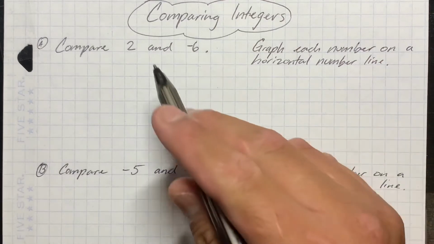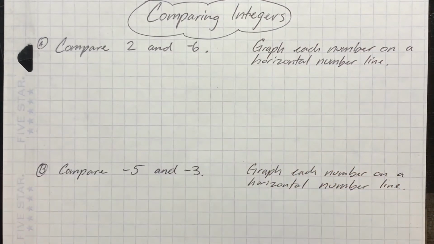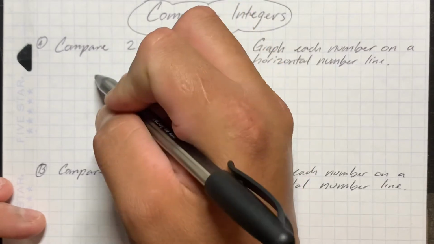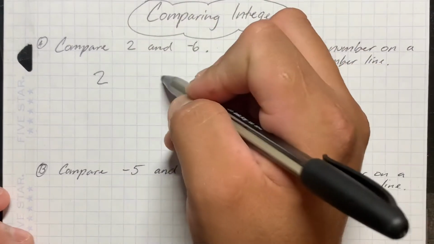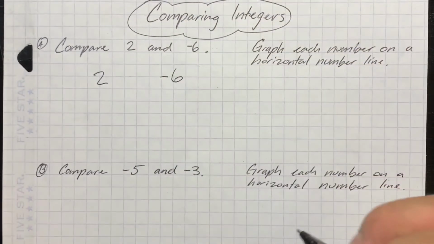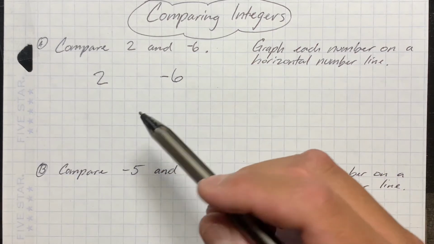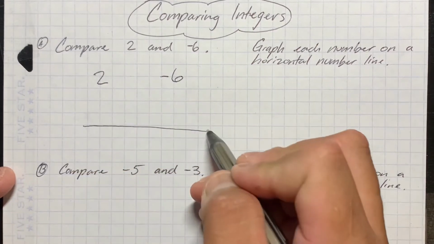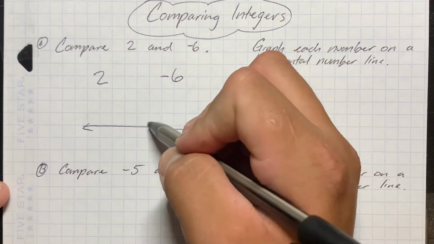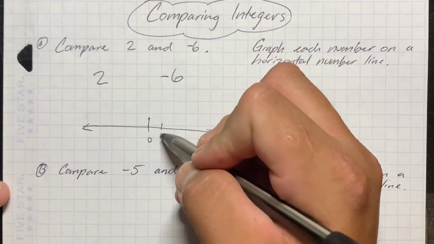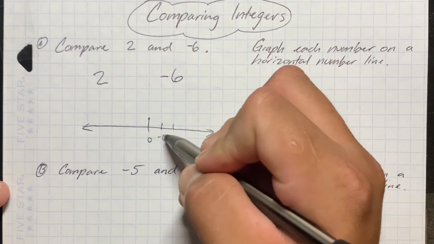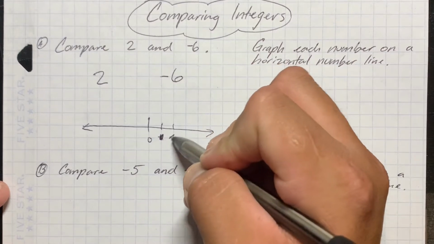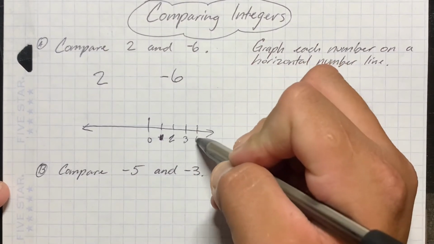Now when we compare, we're asking whether a number is less than, greater than, or equal to another. Let's go ahead and do this. If I compare the number 2 and the number -6, we look at the number line here. Let's say this is +1, +2, +3, +4.